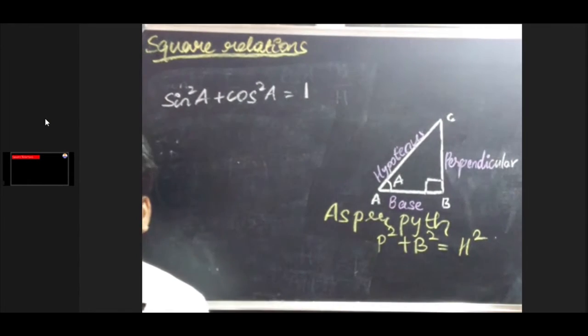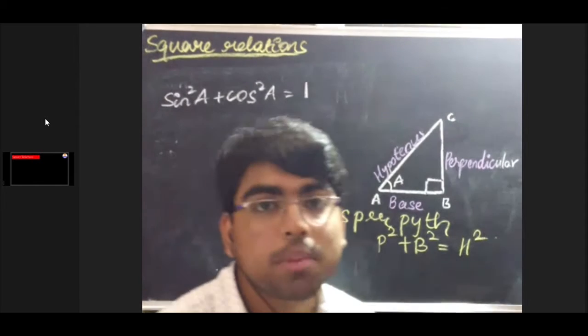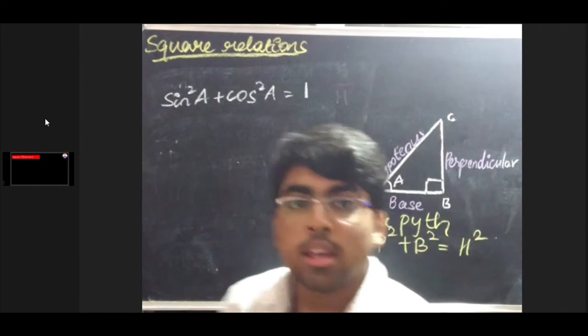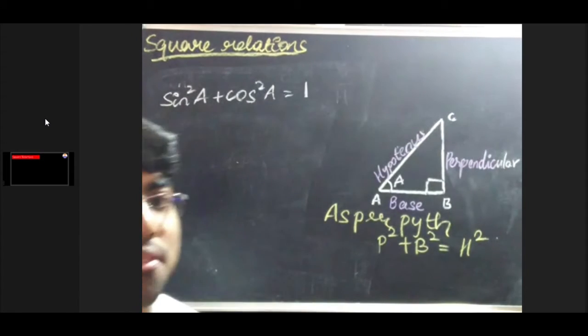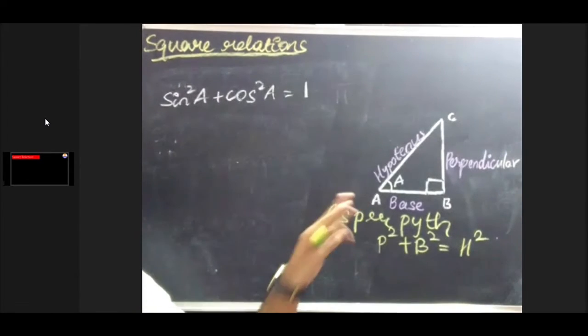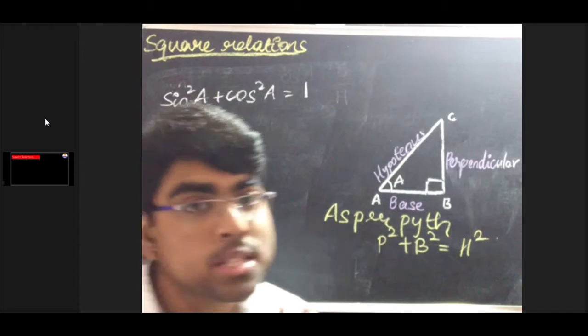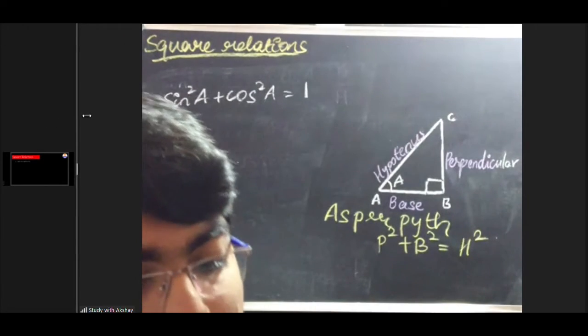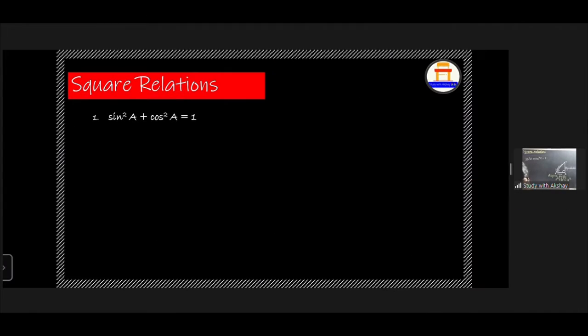Proving part, nowhere in the examination will they ask how you got sin square A plus cos square A equals 1. If they do ask, the methodology of proving it by taking a triangle would be sufficient. But the result is what is required for solving all the numerical problems, even in the exam, as far as exercises, examples, and pre-board question papers are concerned. It is only the formula displayed on the screen right now.